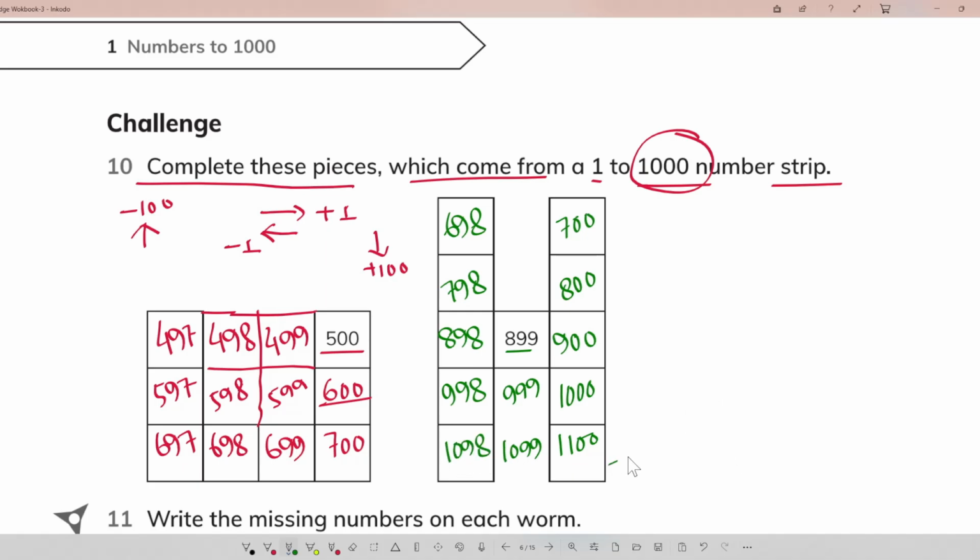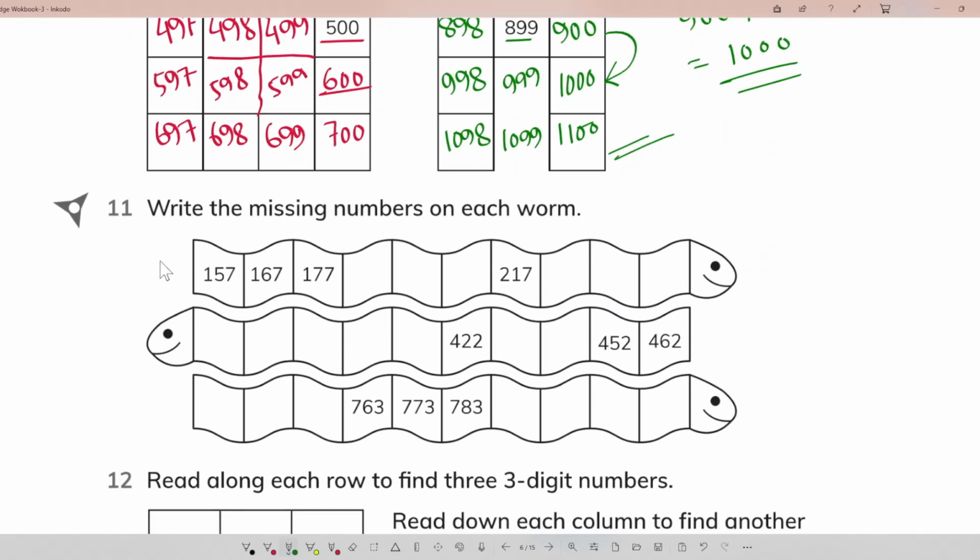Okay, so this is a very critical thing. You should think 900, then here should be one increase, 900 plus 100, it will be 1000. So be careful.